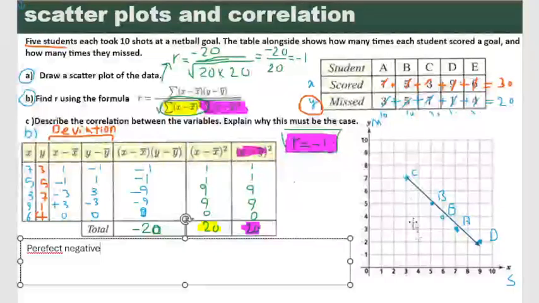We see when x is 3, y is 7. When x becomes 5, y becomes 5. When x becomes 6, y becomes 4. So when x increases, y becomes smaller and smaller. And when x becomes 7, y becomes 3.